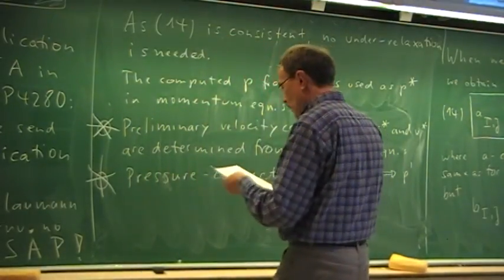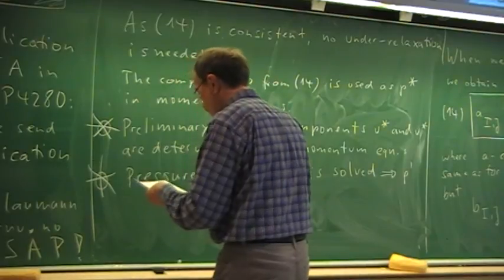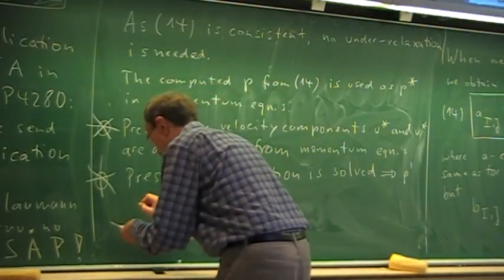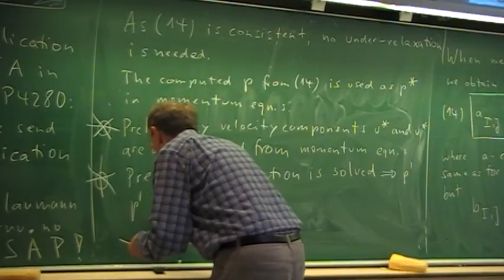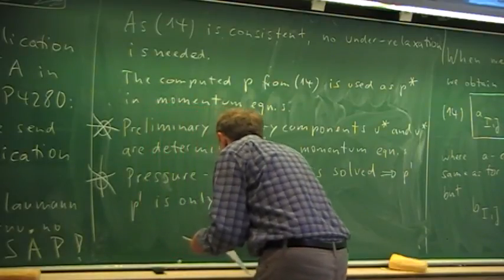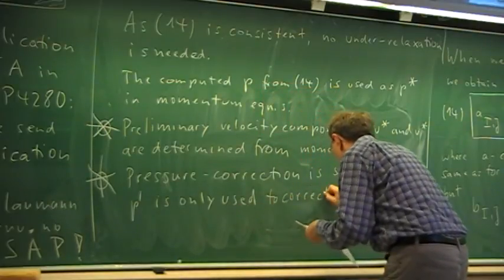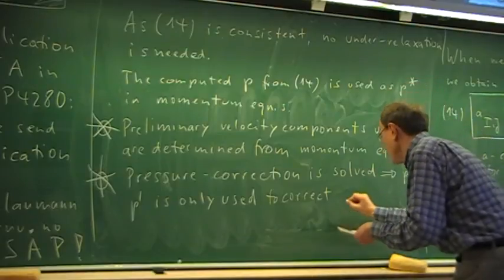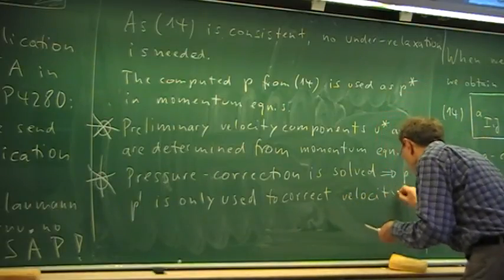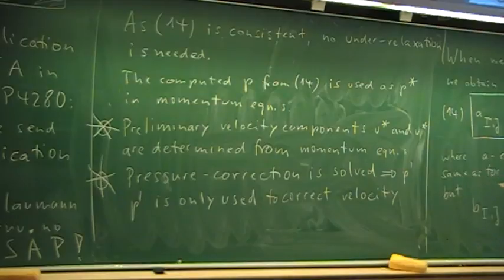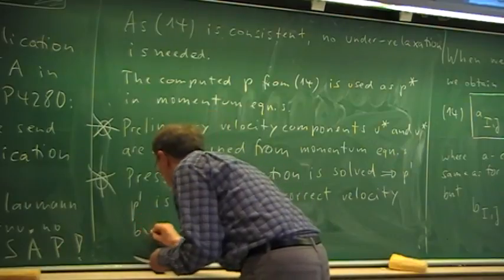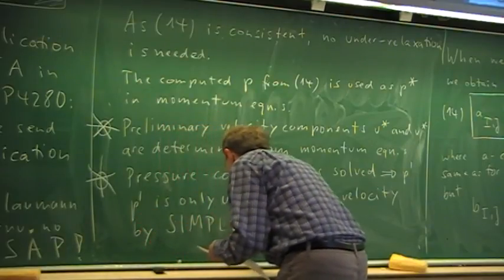So we use P prime only to correct the velocity components, and that is using the SIMPLE ansatz.